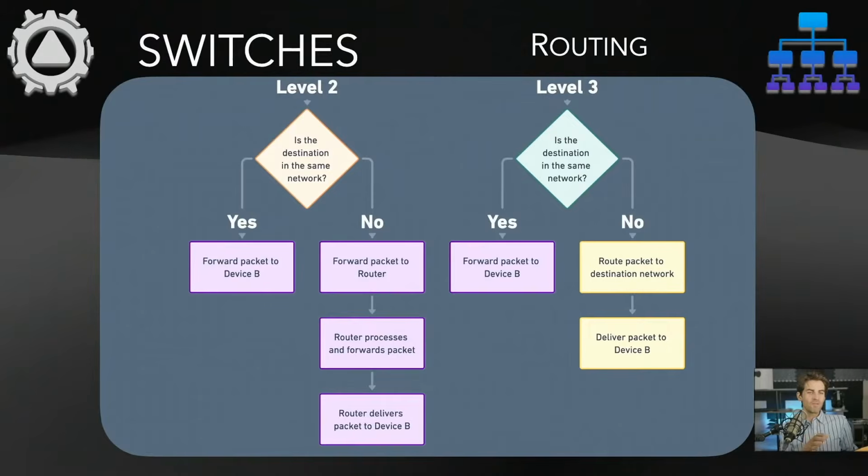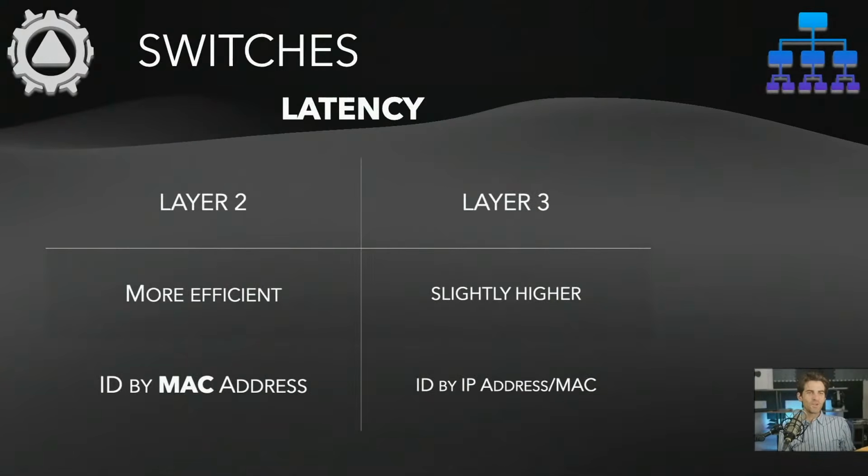A layer 3 or a level 3 switch will be able to route it directly to the destination network without the router. So just to try to wrap this up, layer 2 switches are more efficient.